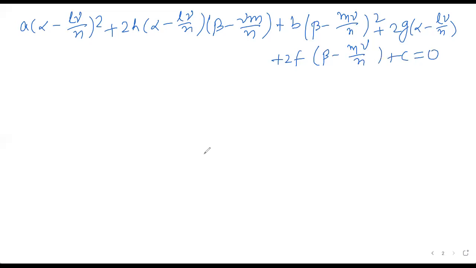Okay, from here I can eliminate l, m and n, because I want the equation in terms of alpha, beta, gamma, the vertex which is given to you.